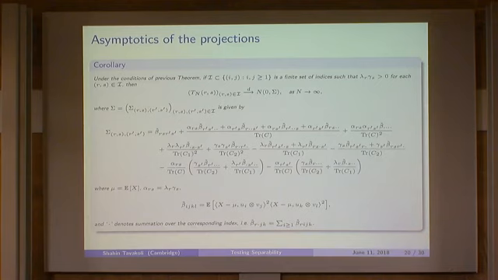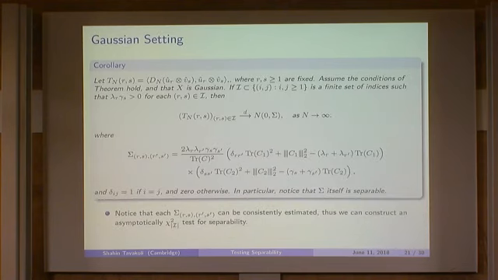This is a bit nasty, but if you assume that X is Gaussian, then suddenly you get a much nicer form. If X is Gaussian, the asymptotic covariance between R S and R' S' is a product of two terms which essentially depend on the eigenvalues of the marginal covariances, their trace, and their Hilbert-Schmidt or Frobenius norm.